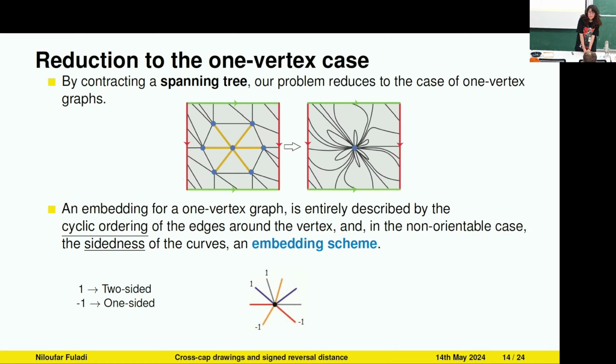If the graph has many more edges, could you do better than G times n? Suppose that n is much larger than G. So you showed that for this canonical embedding, you can get order G times n crossings. Yes, in total. Now think about the case that n is much larger than G. Could you get a better dependence on n?